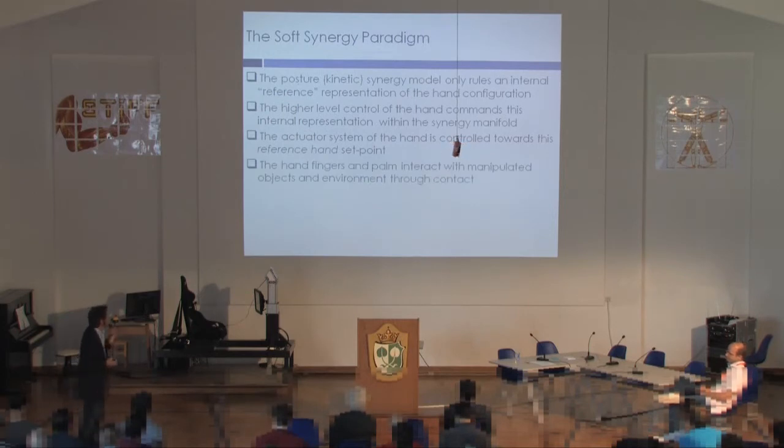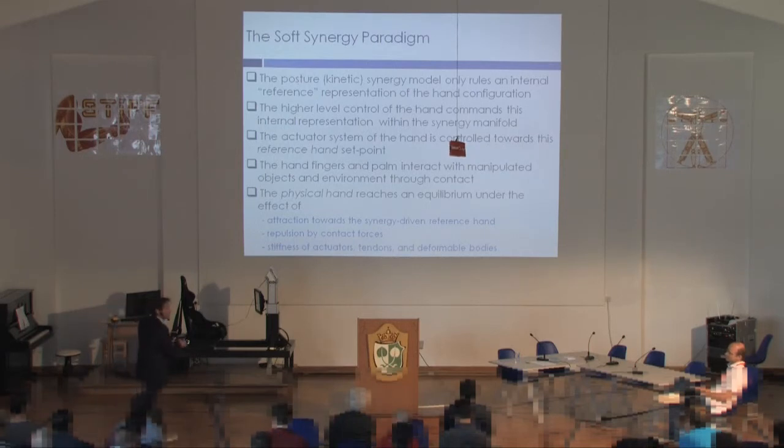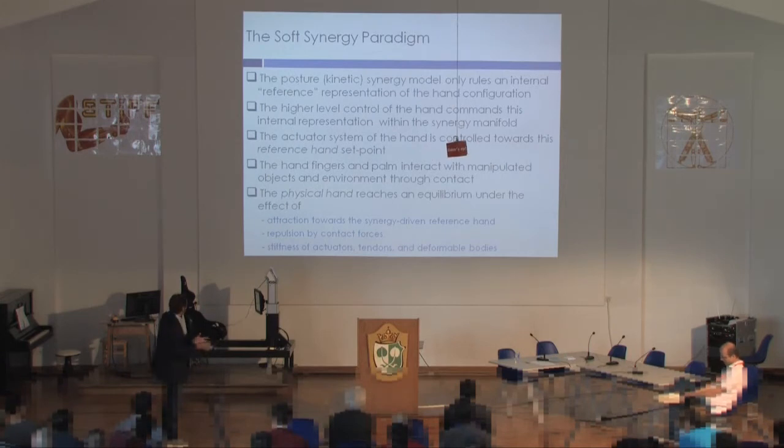The hand fingers and palm interact with manipulated objects and environment through contact. And the physical hand reaches an equilibrium under the effect of attraction towards the synergy-driven reference hand, repulsion by contact forces, and stiffness of actuators, tendons, and deformable bodies.